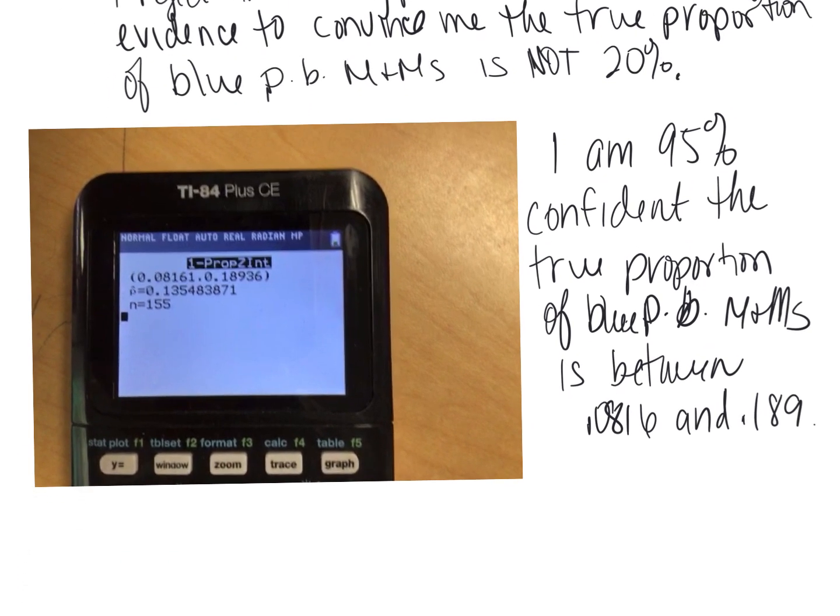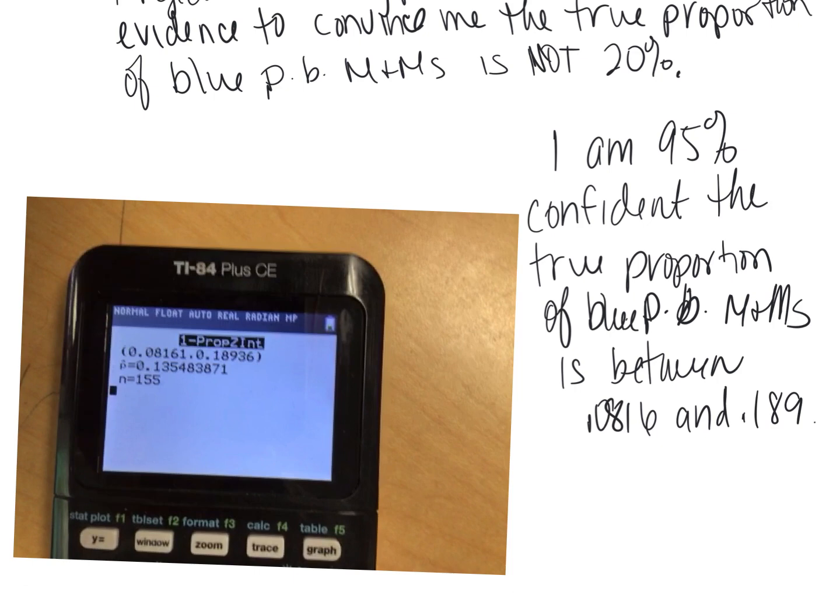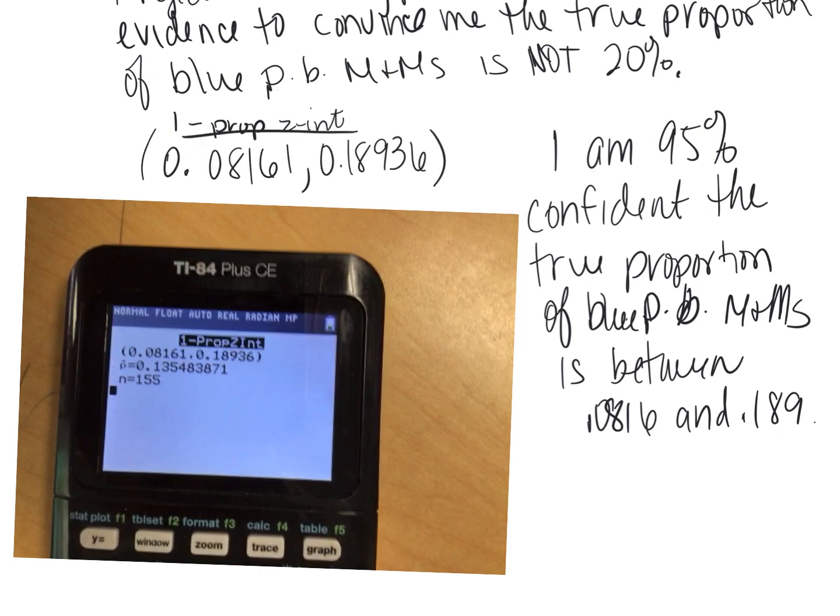And somewhere I have to actually write this down, not just have it in my calculator. So you write 0.08161, comma 0.18936, and the only thing you have to do to show work is write on top 1-PropZInt.